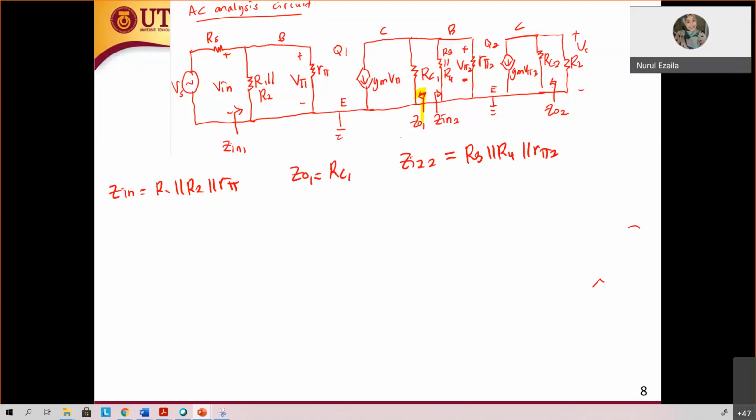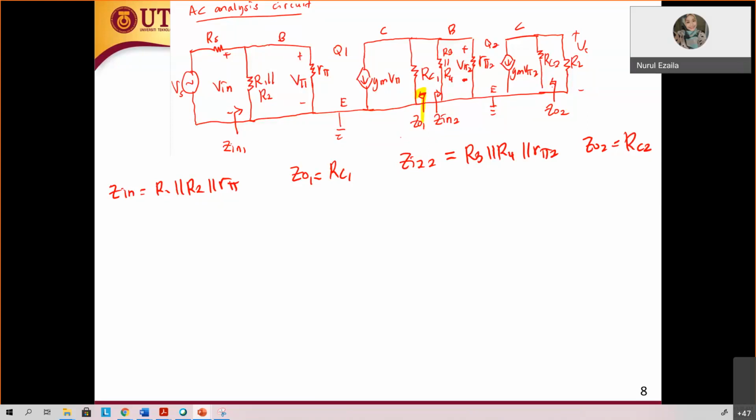See, you have many small signal parameters. So Z out 2 is RC2. Great.